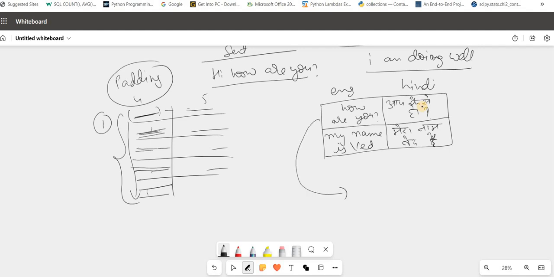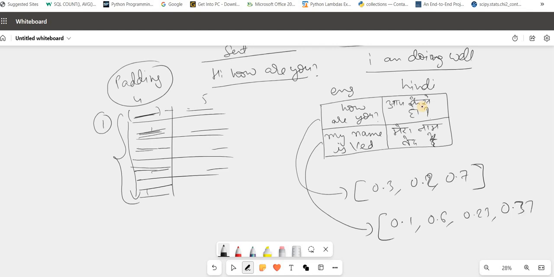Usually a machine won't understand text, so I'll have to convert this into a vector. Assume that this "how are you" got converted into 0.3, 0.2, 0.7. We will come to how this vector is generated, but for now just imagine it: 0.3 for how, 0.2 for are, and 0.7 for you. And here it has generated for every word 0.1, 0.6, 0.23, 0.37.